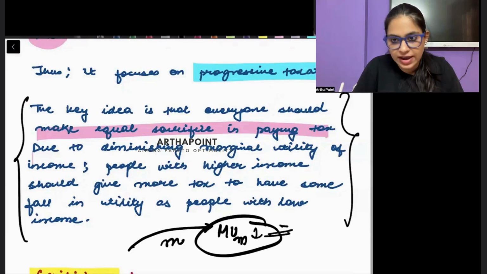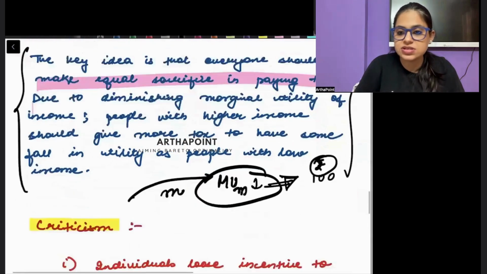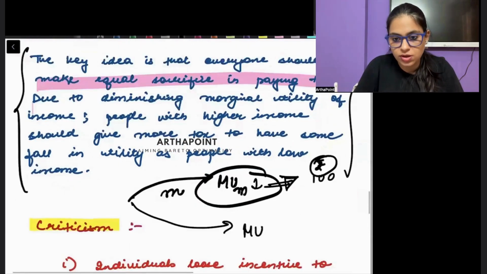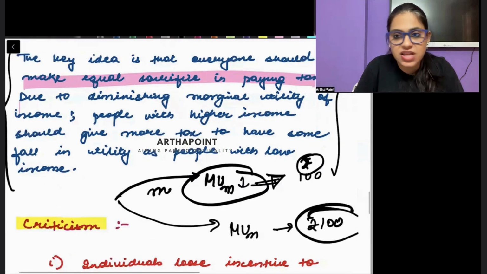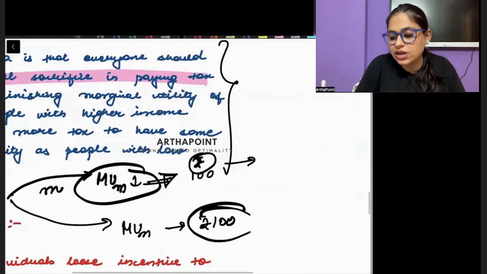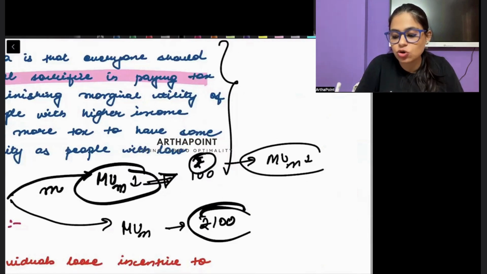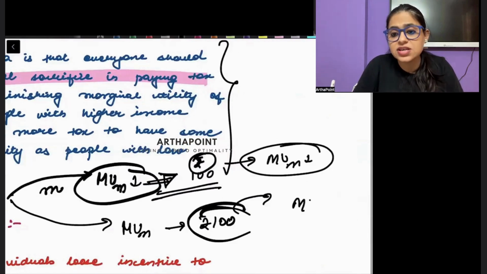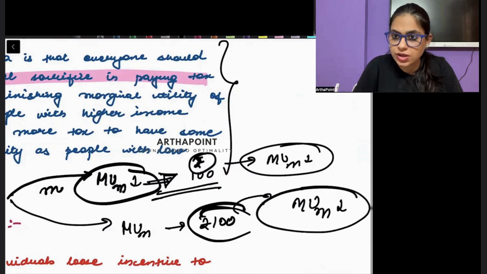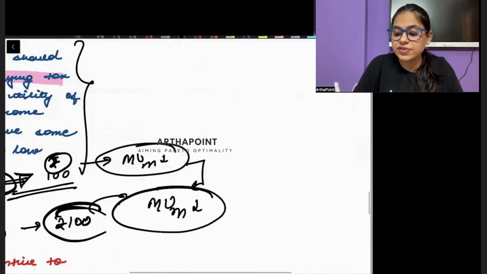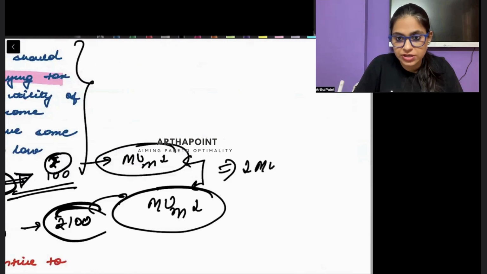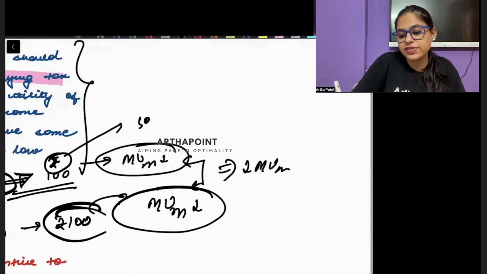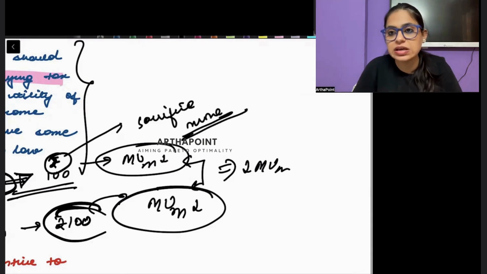So people who have a high level of income, when they give up 100 rupees, versus people who have low income, when they give up 100 rupees, the sacrifice that they're making is not the same. For the rich, the utility will decrease only slightly when they give 100 rupees, but the poor will face a huge decrease in their utility. To ensure that both face the same decrease in utility, the rich should actually be sacrificing more.